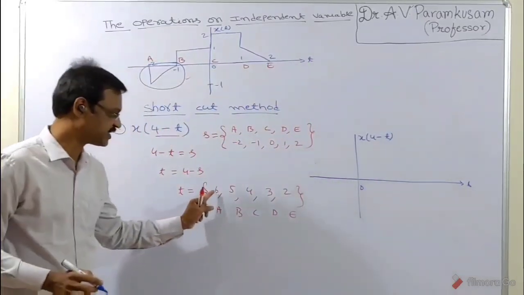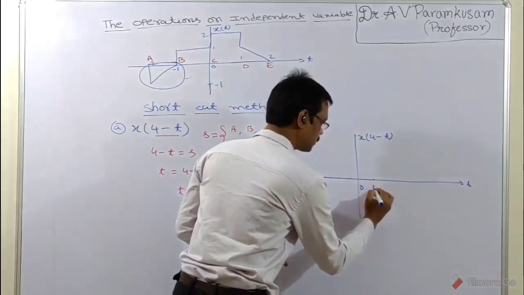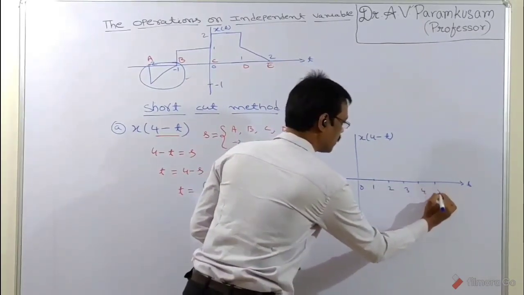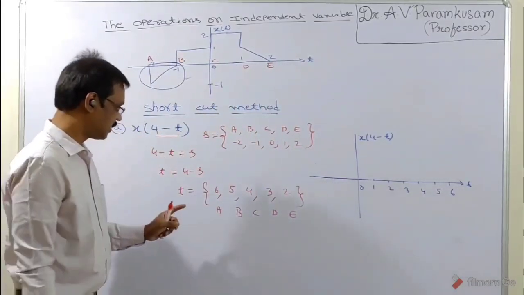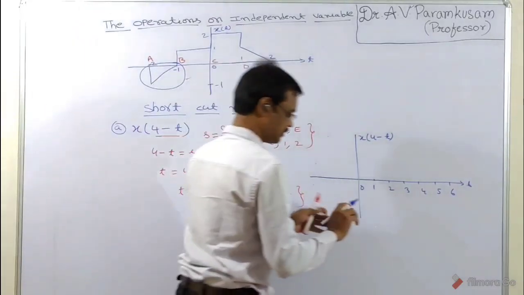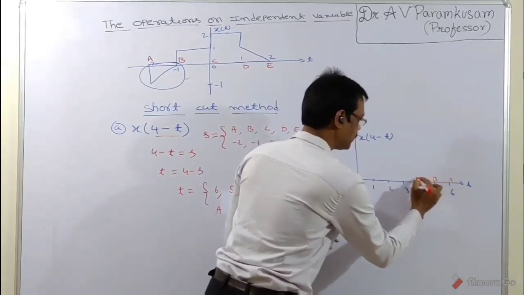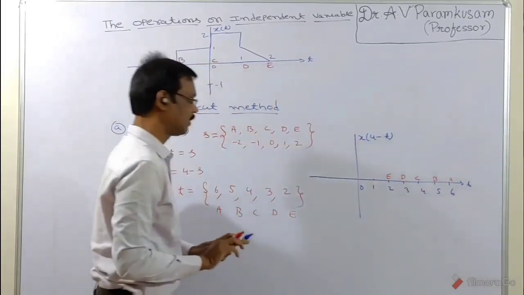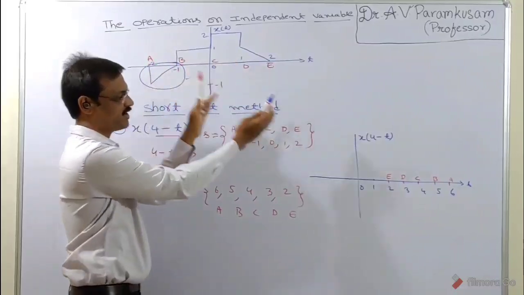First you locate these points 6, 5, 4, 3, 2, 0, 1, 2, 3, 4, 5, 6. See here, you also locate A, B, C, D, E. Now you draw these line segments between these points.